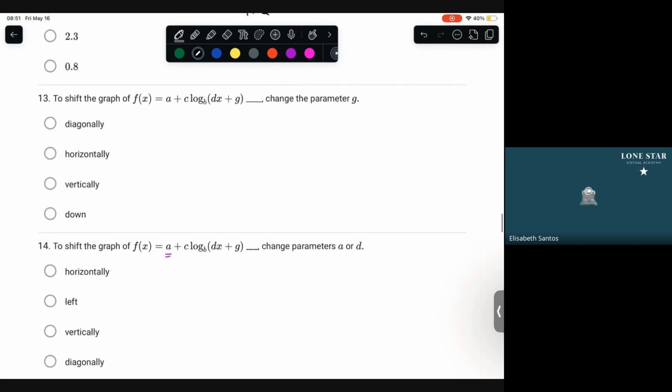Okay, so 13. To shift the graph of f of x equals a plus c times log of b, we change which parameter? Okay, I'm going to rewrite this one. We have a times log base b of x minus h plus k.